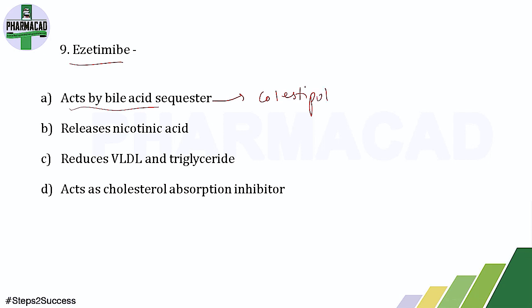Ezetimibe releases nicotinic acid, no. Niacin, nicotinic acid, is responsible for lipolysis and triglyceride synthesis inhibition, so it has a different mechanism of action. Then reduces VLDL and triglyceride, no. Ezetimibe has only one mechanism of action, that is it acts as a cholesterol absorption inhibitor. So the correct option here is option D.